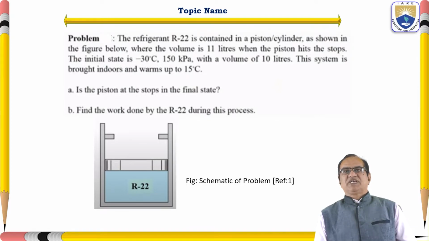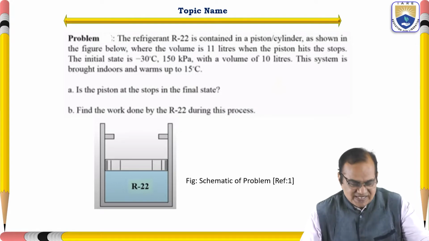The initial state is minus 30 degrees centigrade, 150 kilopascal with a volume of 10 liters. This system is brought indoors and warms up to 15 degrees centigrade.